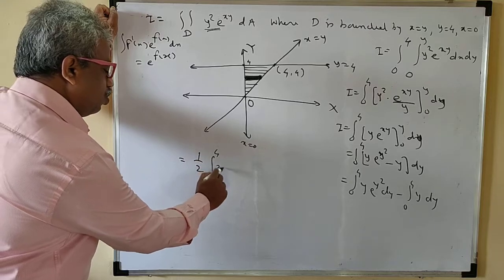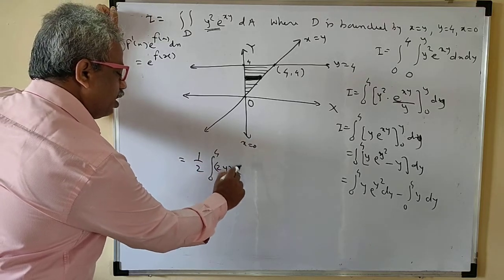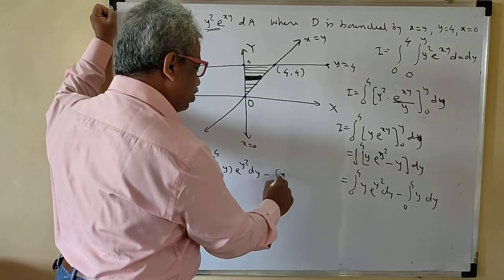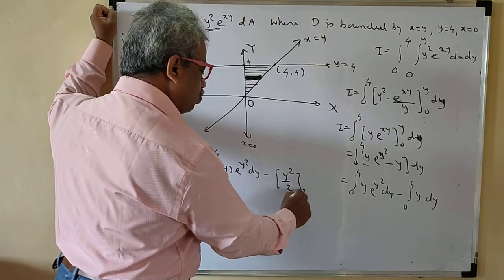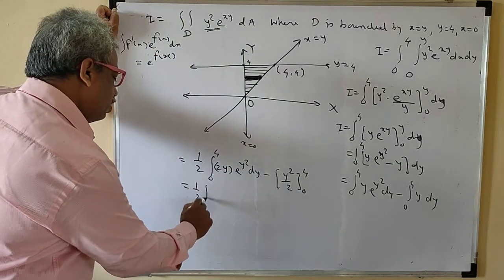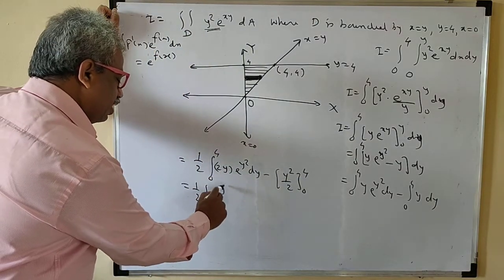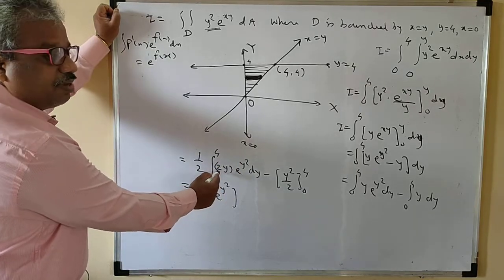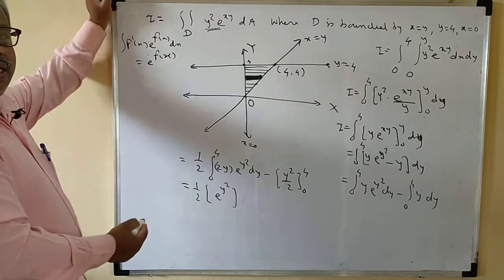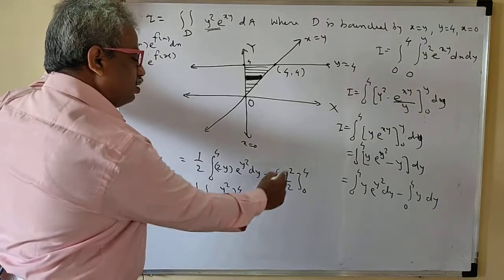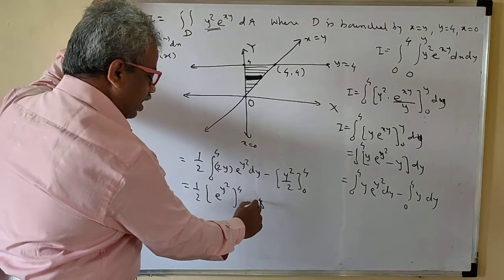Integration 0 to 4 of twice y e raised to y square dy, minus, I can directly take the integration of this one, 0 to 4. So this is 1 half. What is the integration? e raised to f of x into derivative of f of x is directly e raised to y square. So this is 0 to 4, minus y square, which is 16, so this is 8 now.